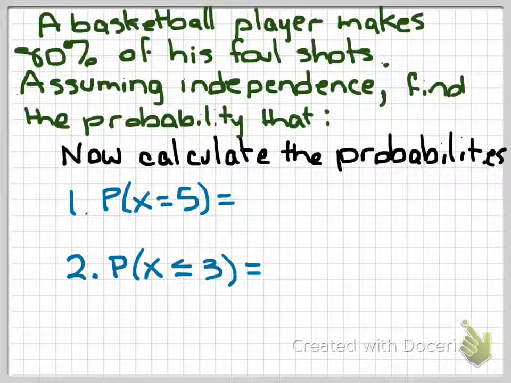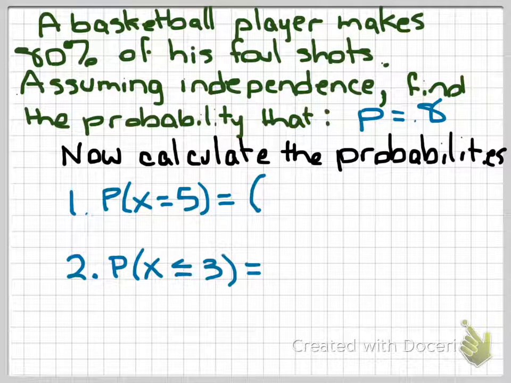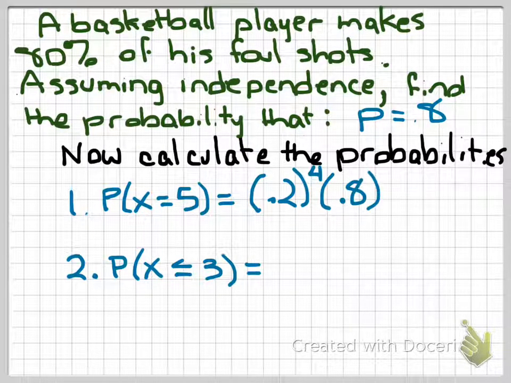Now, if we look at our example again, we know that p is equal to 0.8. And in this example, we're saying that n is going to be 5. So we're going to say 0.2 to the 4th, which is n minus 1, times 0.8. That will give us the probability that it will take 5 shots for him to make his first shot and actually have it be successful.